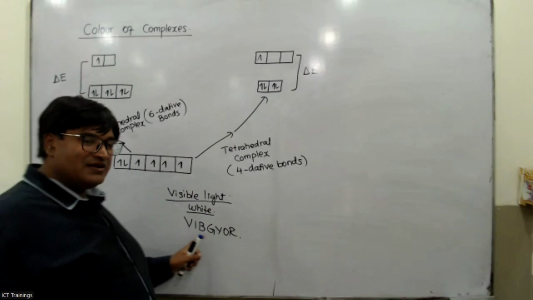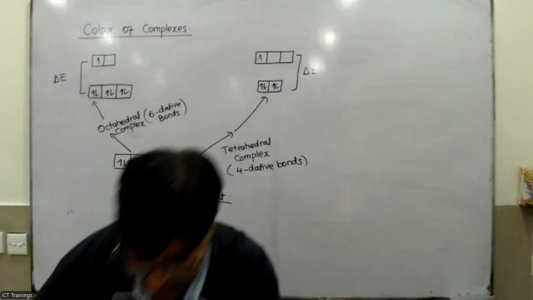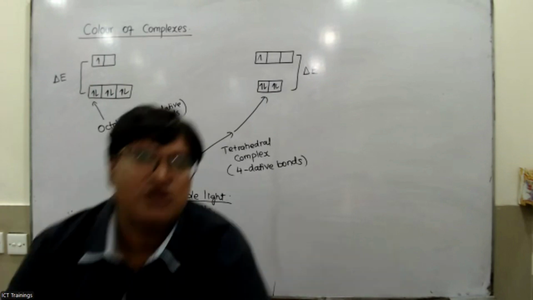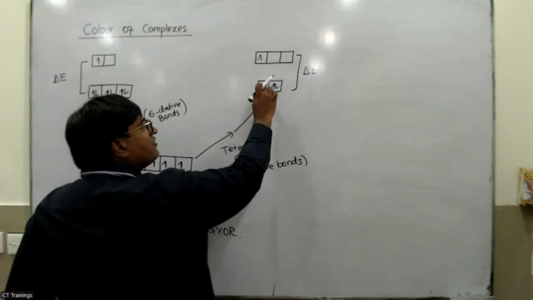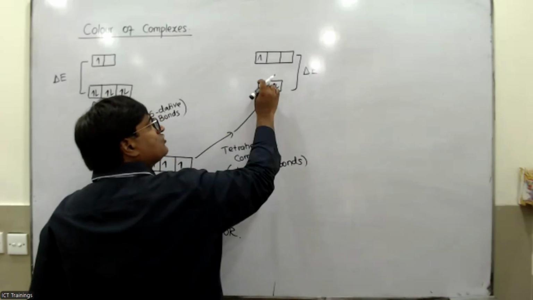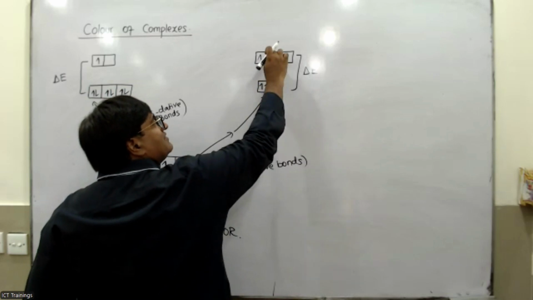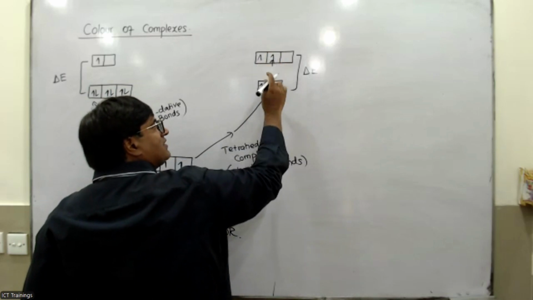Visible light is able to cause d-d transition. D-d transition means jumping of an electron from a low energy to a high energy level. Let's suppose energy is absorbed, this electron would jump from here to here, okay, and then after some time come back.